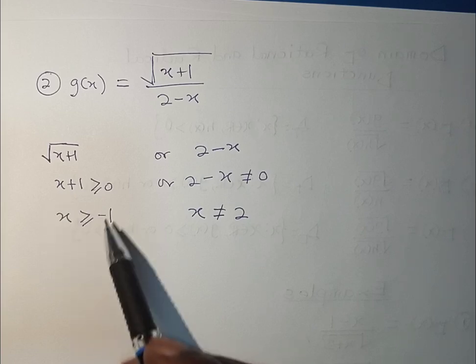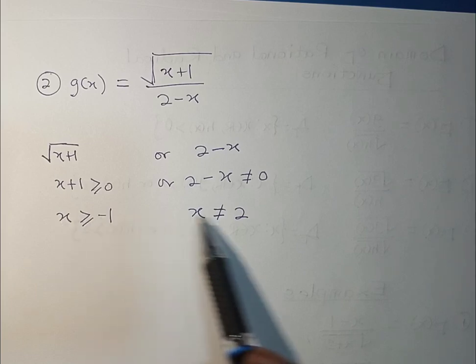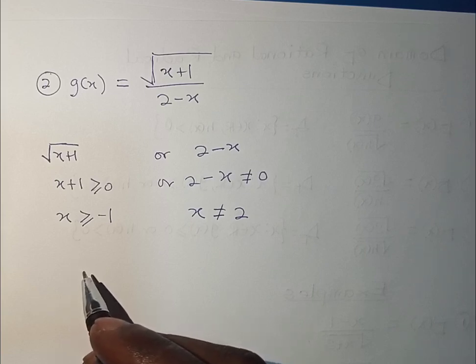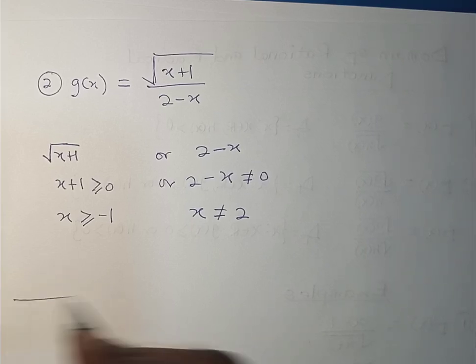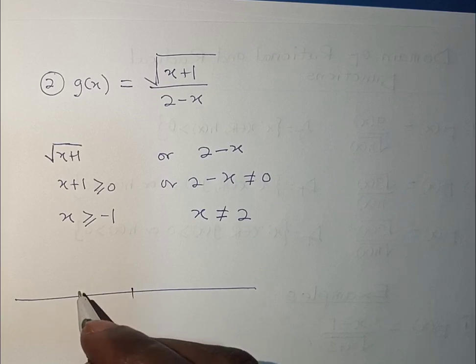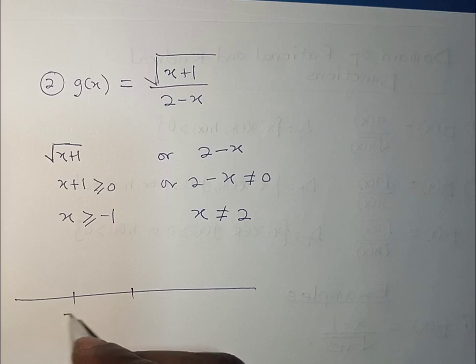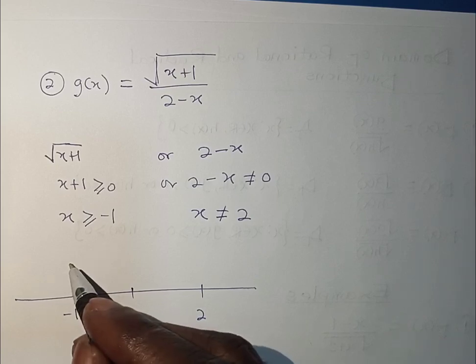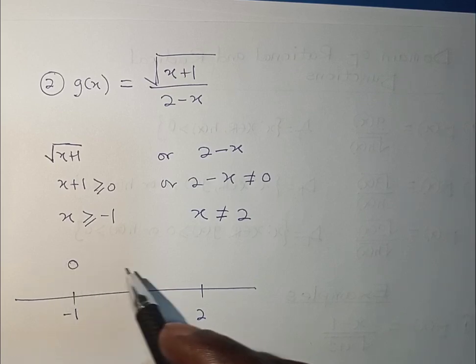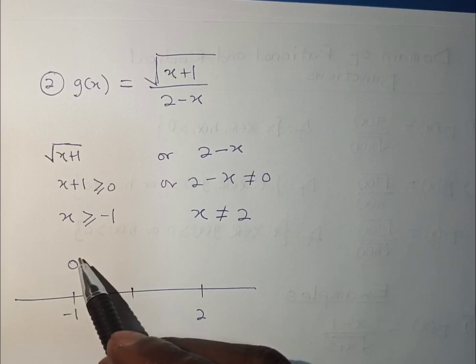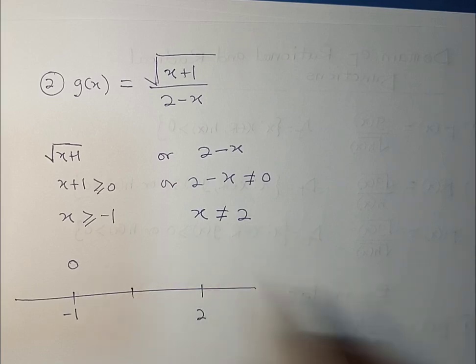Good. So we are going to test and see whether the two will work. Then we know the domain that we are going to write. So I will draw my number line. I will indicate here -1, and now I will indicate here 2. If I have -1, we are talking about the region where the values are greater than -1, the right side.